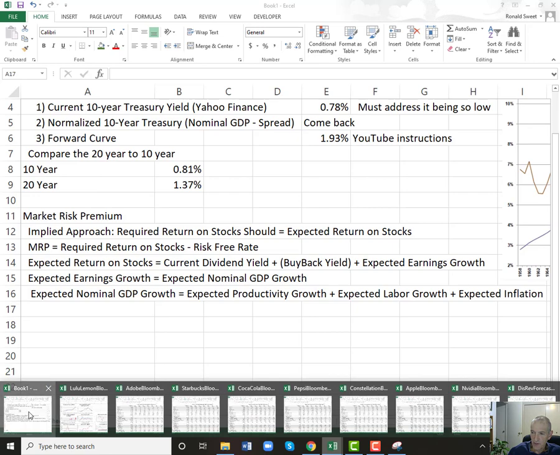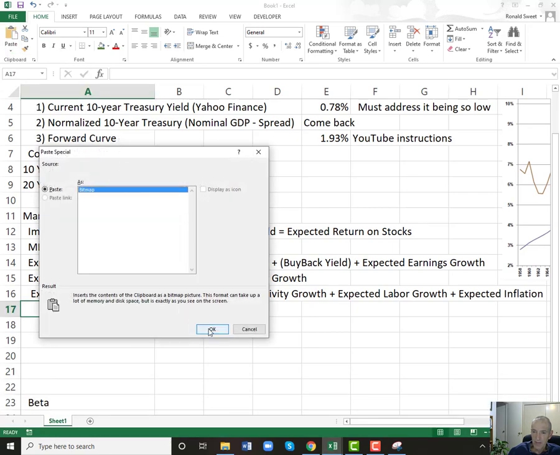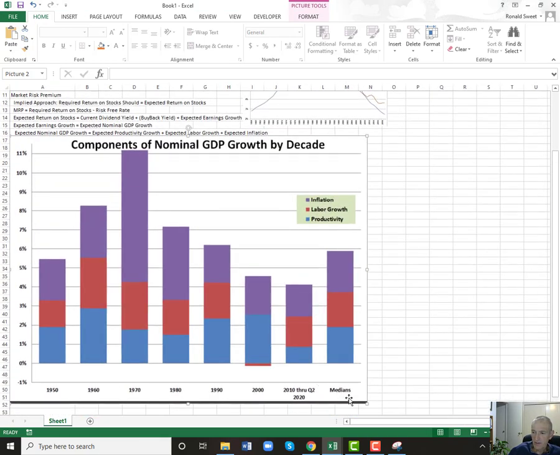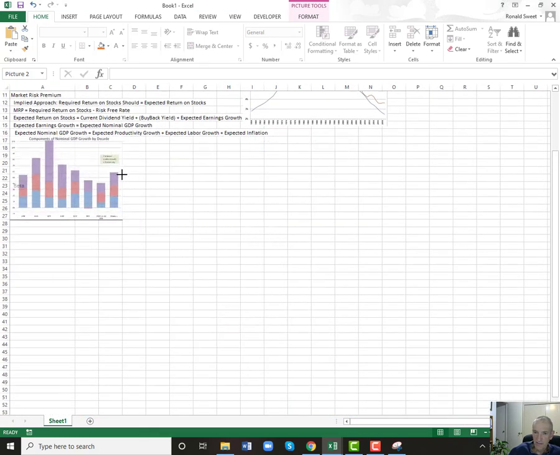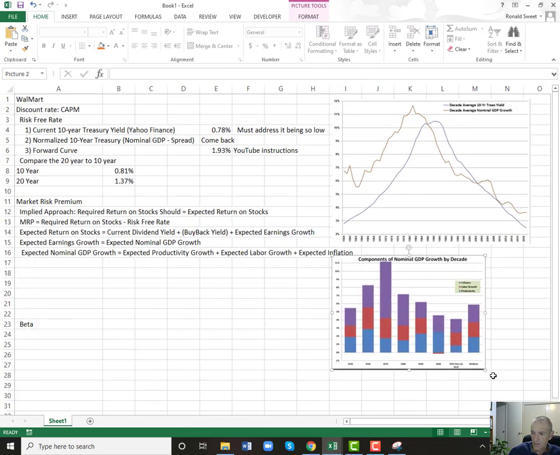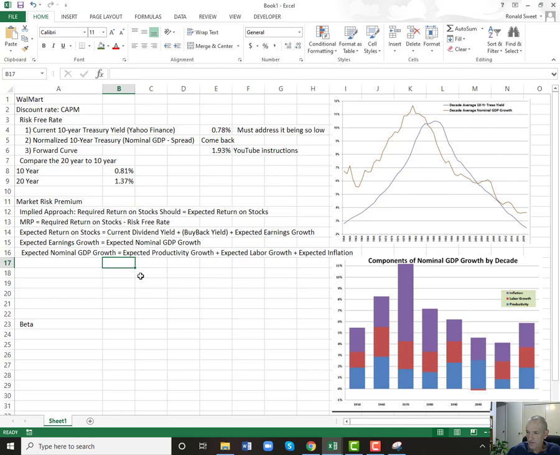And again, you'll be doing this in Word, so you'll be able to fancy this up quite a bit. What we want to do is shrink this down some so we can see it. If you look over here, what you'll notice is especially productivity growth has been fairly stable over time.